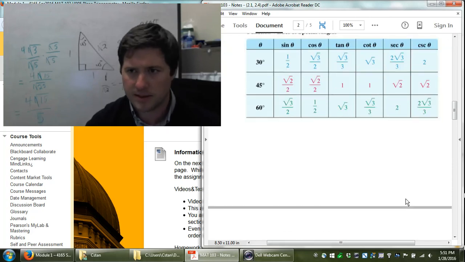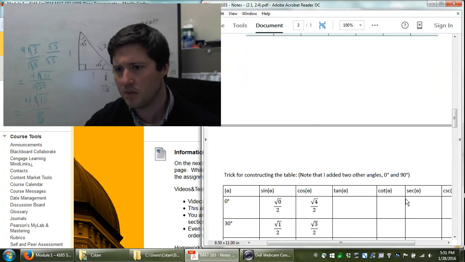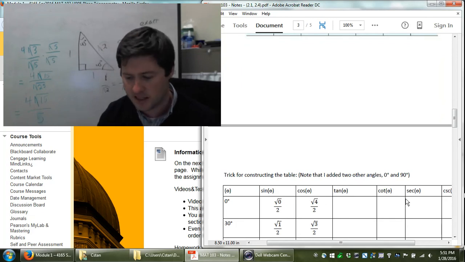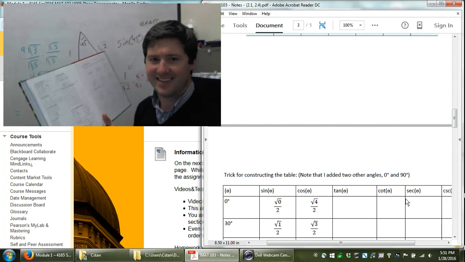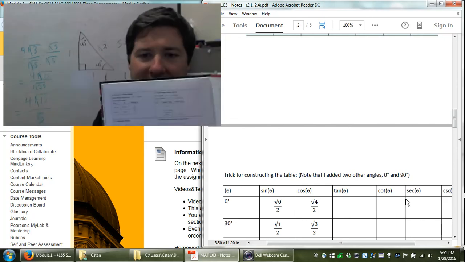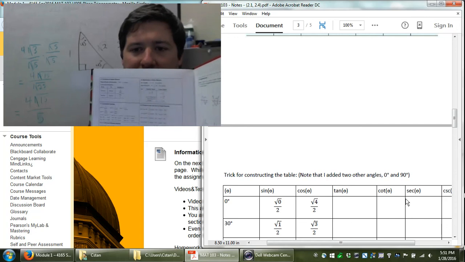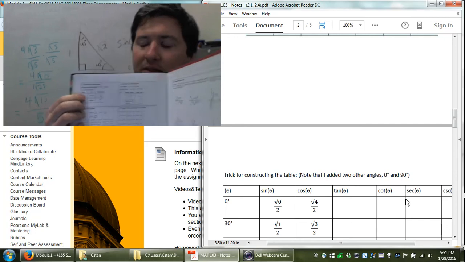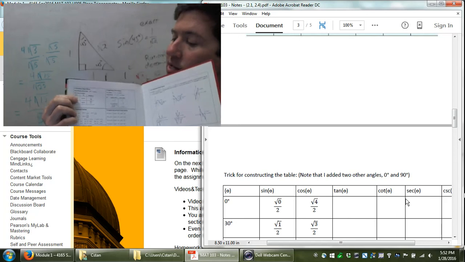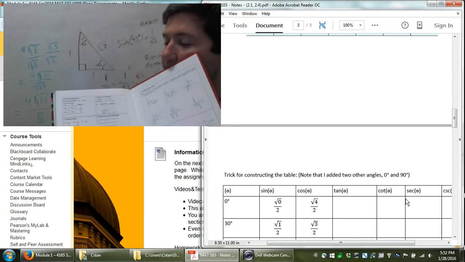All right. Now, the reason I chose these two triangles is these are probably the most important triangles in all of trig. These angles are all very special. 30, 60, 45, and really 90, although we haven't gotten there yet. They're historically very important.